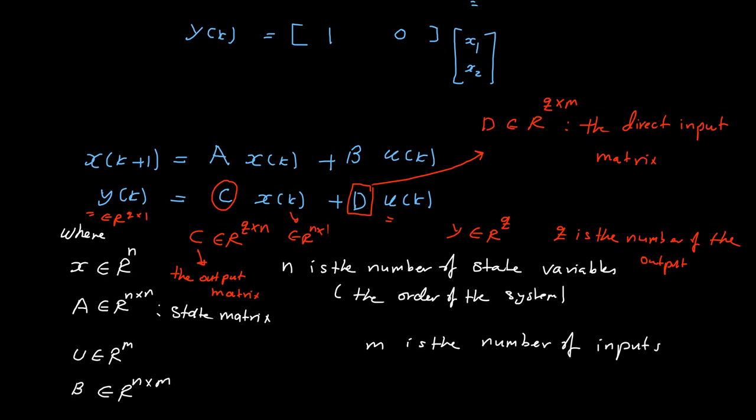So now, what about if we have a transfer function and we need to write the state variable model? Of course, you should understand that the state variable model is not unique, and for that I will start with the following example.